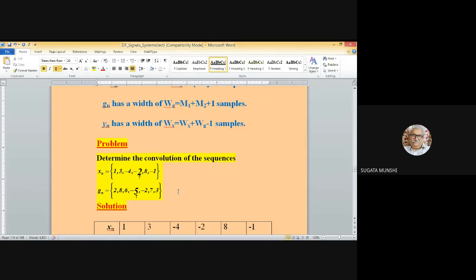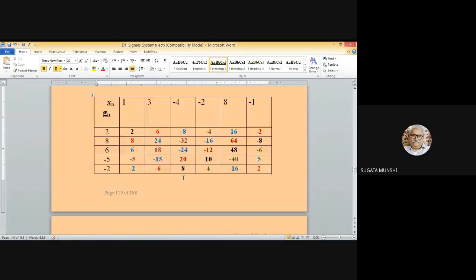Left edge will be n equal to minus 3 minus 3, that is minus 6. And right edge of the convolution will be plus 3 plus 2, that means plus 5. All right. So width will be 12 samples, I think.